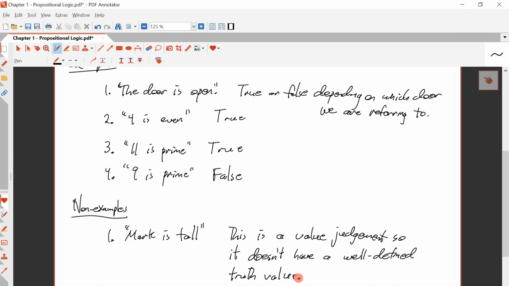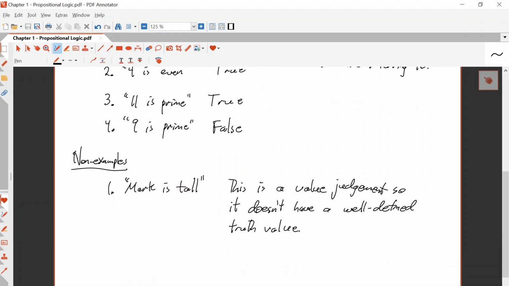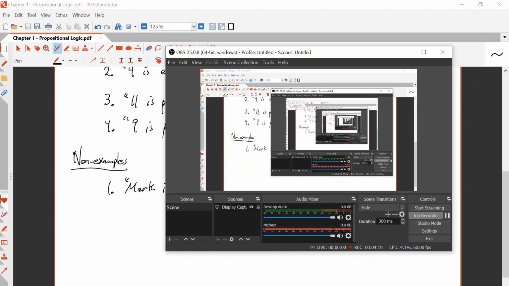I mean, it depends on the context. If Mark is the tallest person in his family, folks might say in his family that he is tall. If Mark is 5'6", like me, then most people would say he's not.